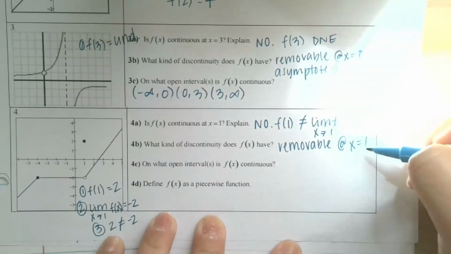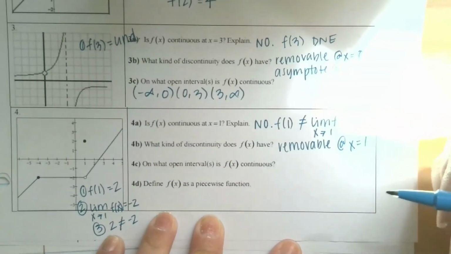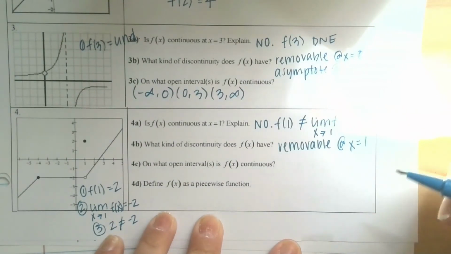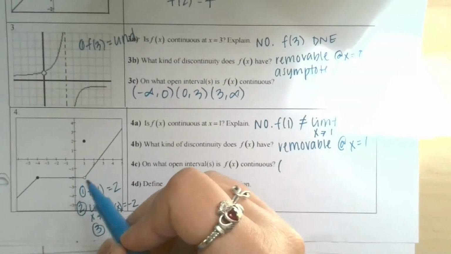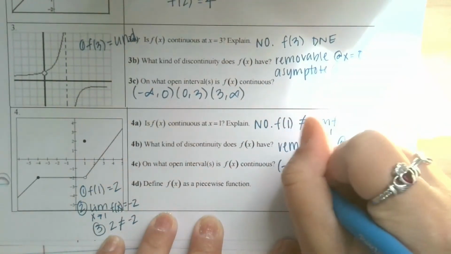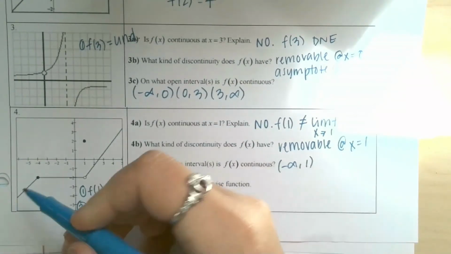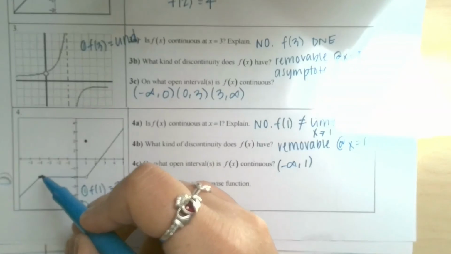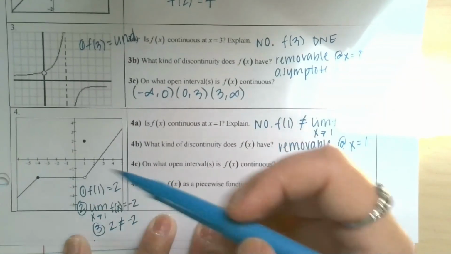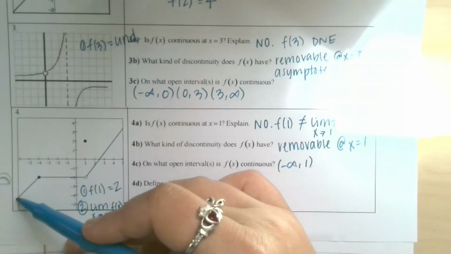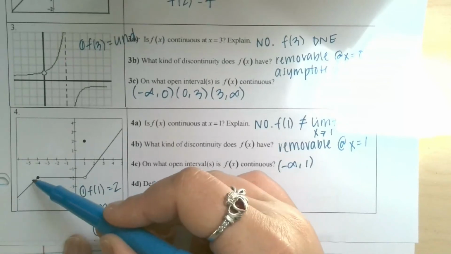So now we can use this, again, to write our interval for where it's continuous. So we can draw it from negative infinity all the way up to 1. That's where we run into our issue. A lot of people might think that this point might cause an issue just because there's a point. It's not. We'll get to this in the last step, but this is just a new definition from our piecewise function, right?